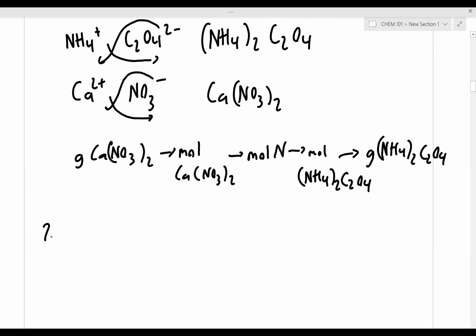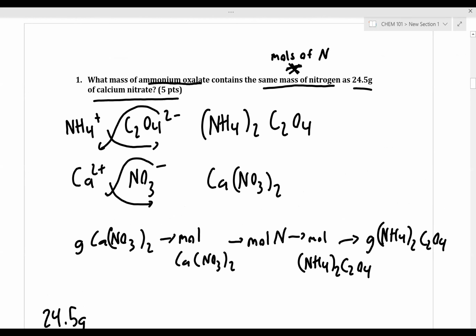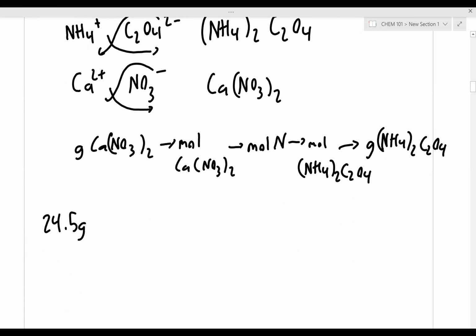So we have 24.5 grams of calcium nitrate. And really quickly, does someone have the molar mass of calcium nitrate? 164.